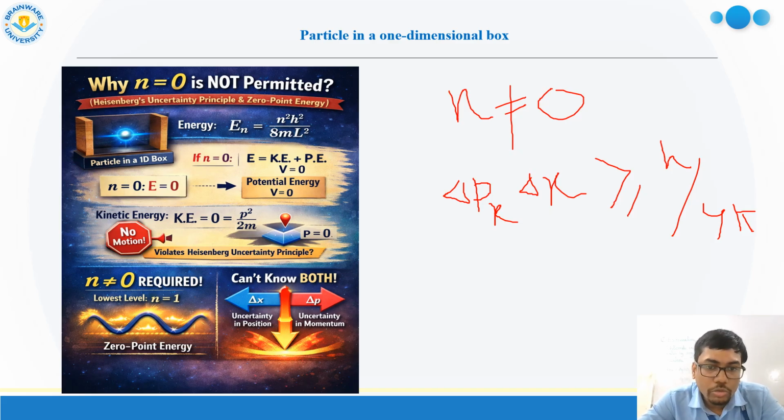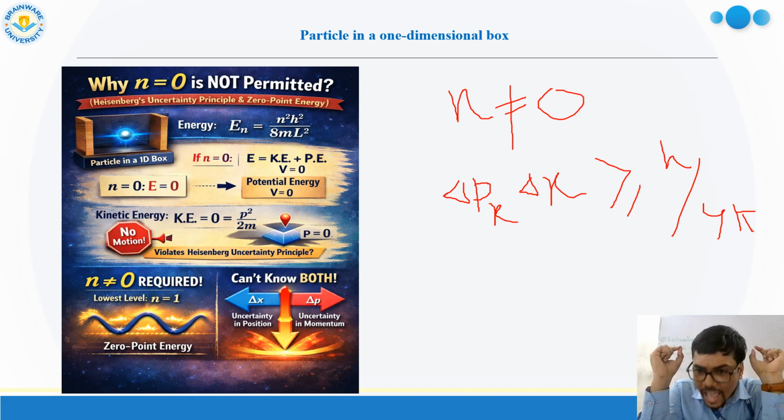So according to this, if you put n equals to 0, your momentum is 0. So the uncertainty in momentum, represented by delta p, is also 0. And you already said that this molecule is confined within the box, so you can exactly measure its position.